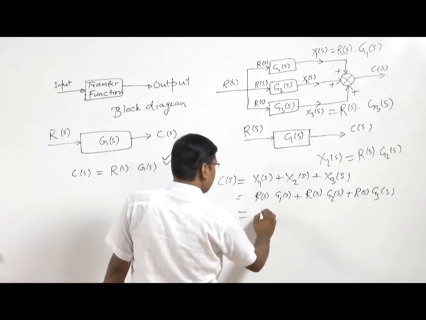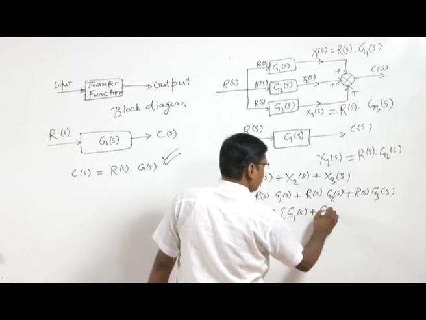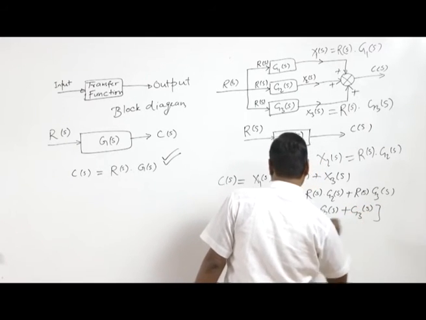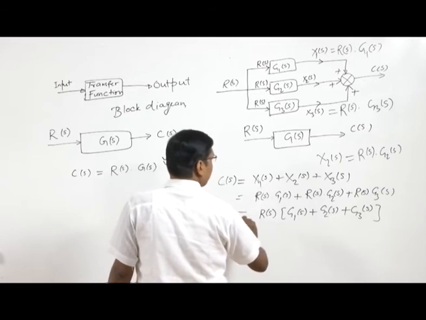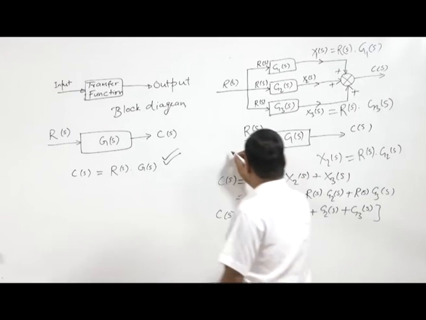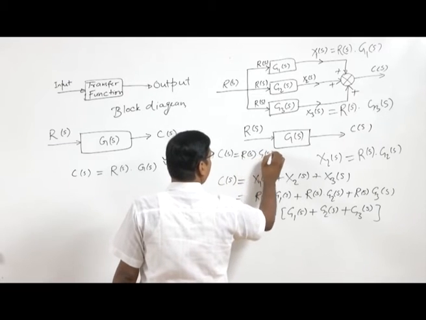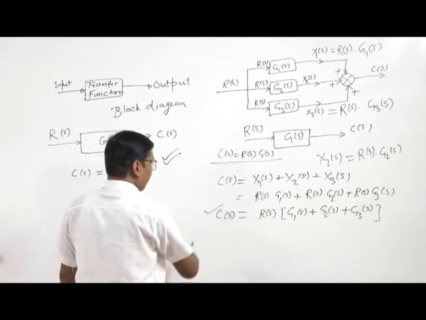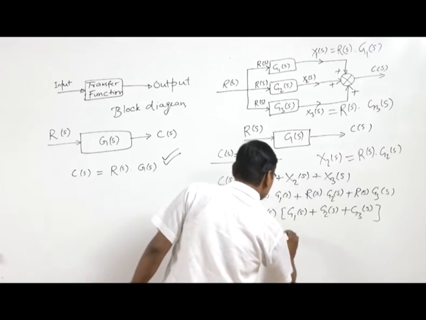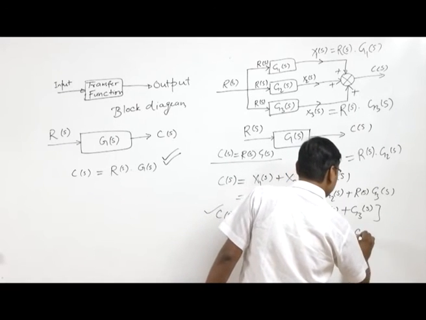Now we can take R(s) outside and we have G1(s) plus G2(s) plus G3(s). So we can see here C(s) equals R(s) into G(s), and we compare this equation with the previous equation. So we get that G(s) equals G1(s) plus G2(s) plus G3(s).